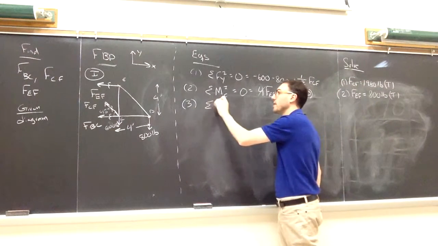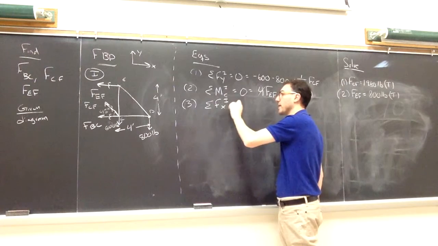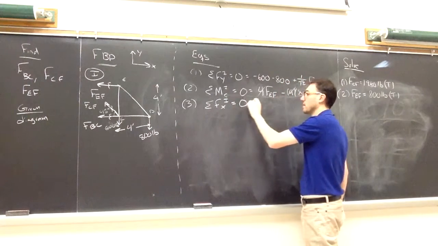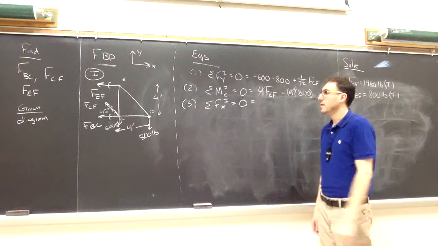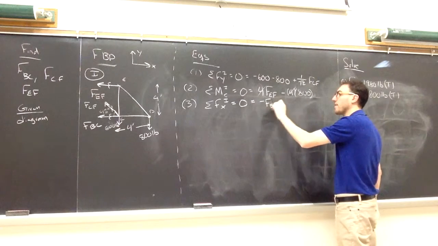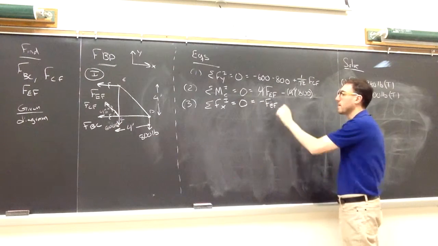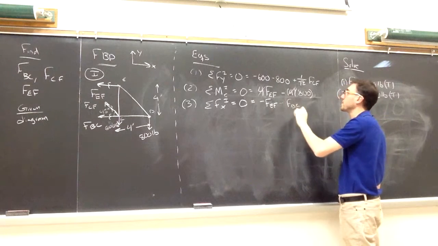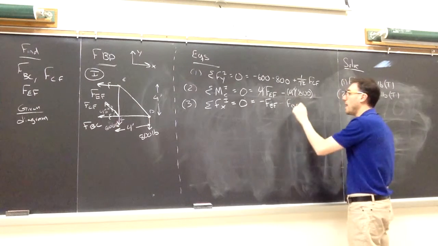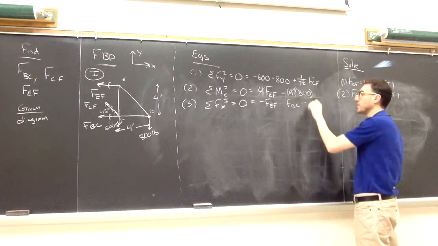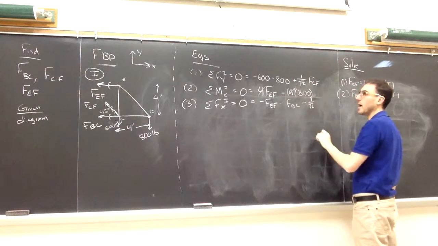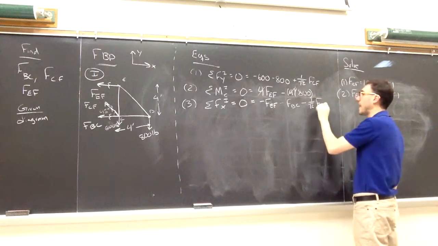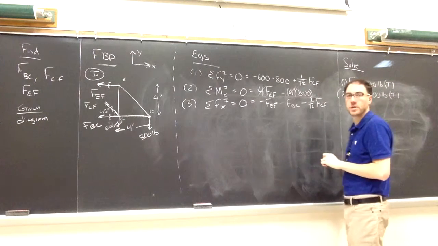My final equation, I take sum of forces in the x direction. I have negative FEF, which I know, negative FBC, which I still don't know, and also in the negative x direction, 1 over root 2 times FCF, which I know from the first equation.